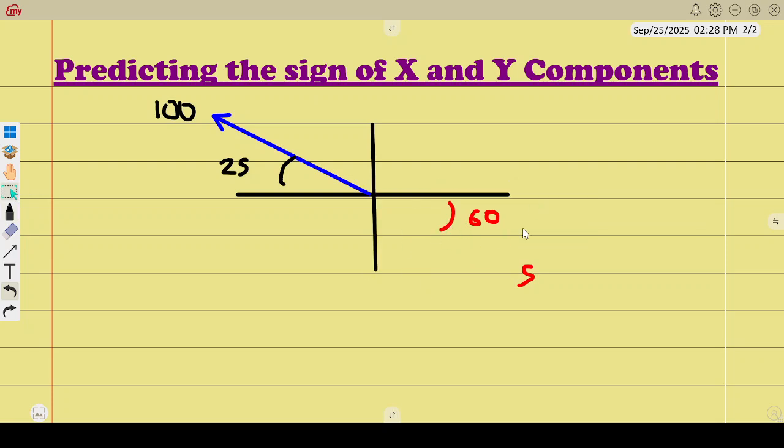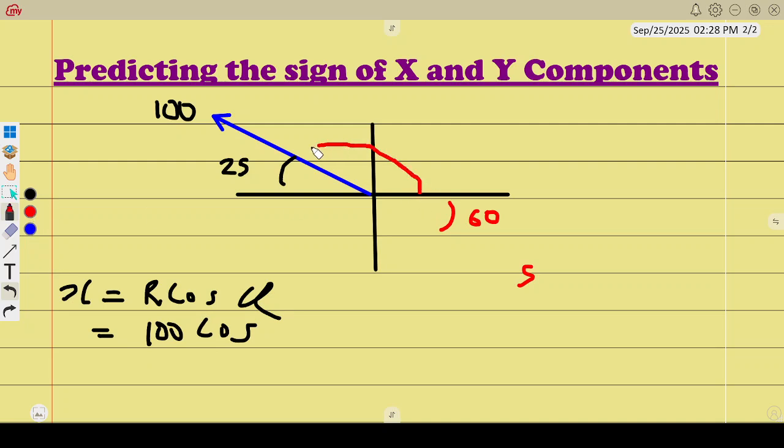For the x component, you already know it is r cos theta. So r is 100, and theta should be read from the positive x-axis. In the previous video, I already taught how you read from the positive x-axis. So this is 180 minus 25, which is 155.